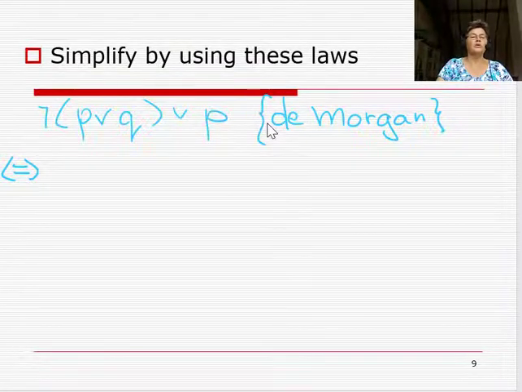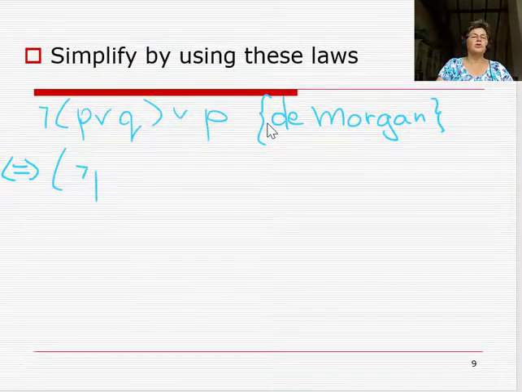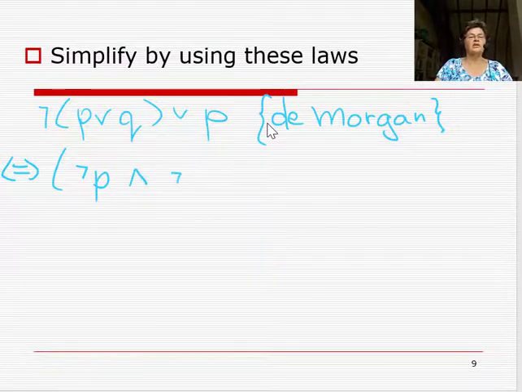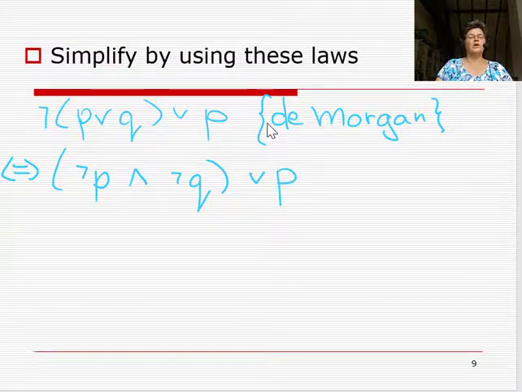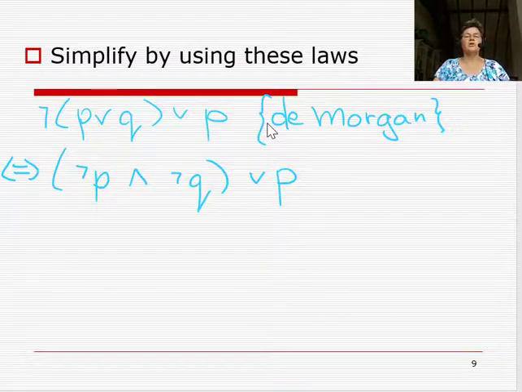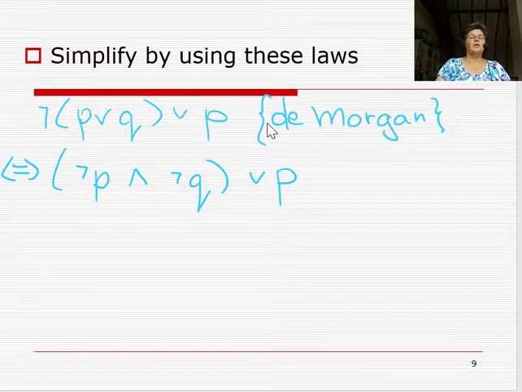So this is equivalent with, okay, apply De Morgan. So that would be not P, the or changes into an and, not Q. And then don't forget to keep the last part. So with applying De Morgan, we have this equivalent relation. Okay, and now we have not P and not Q, or P. Okay, what law will we use now?